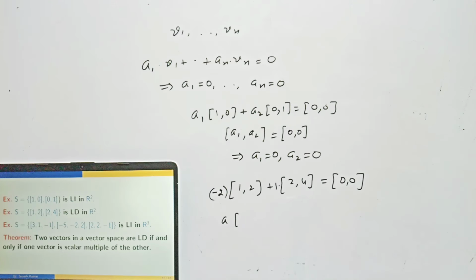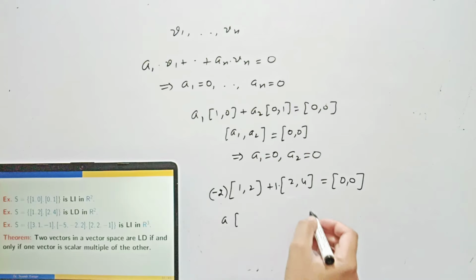Two vectors in a vector space are linearly dependent if and only if one vector is a scalar multiple of the other. This is a good result because checking two vectors for linear independence is very easy because of this. You just need to see whether the two vectors are scalar multiples of each other or not. If the vectors are scalar multiples of each other, then those are dependent. You can see in this example itself, (1, 0) is not a scalar multiple of (0, 1), whatever scalar you use.